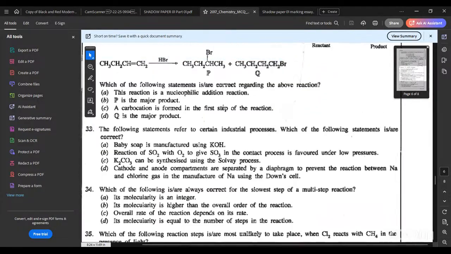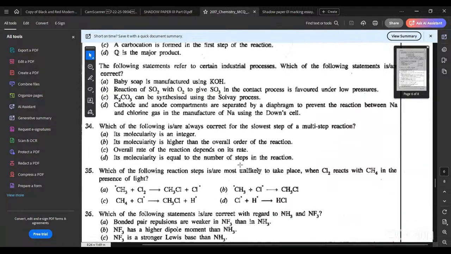Now here, of course, you have correct, unlikely, most unlikely. Look at this question. Which of the following reactions is most unlikely to take place? Most unlikely. When you're panicked, people, you will say this one won't happen, this one won't happen, this will happen, this will happen. So you are putting answer 1 and coming home.